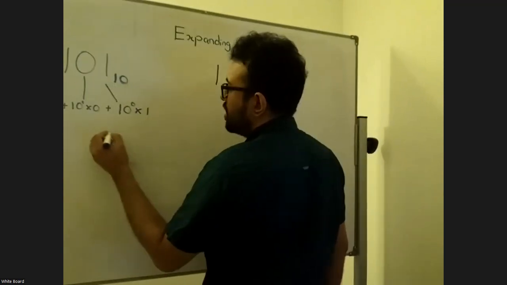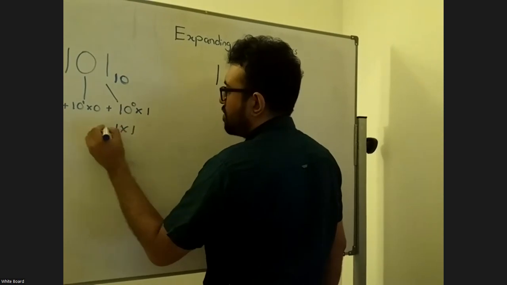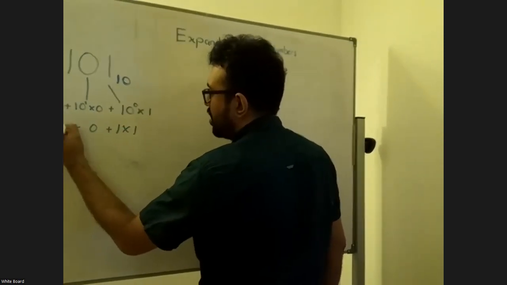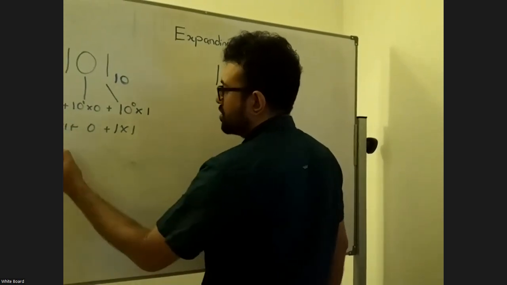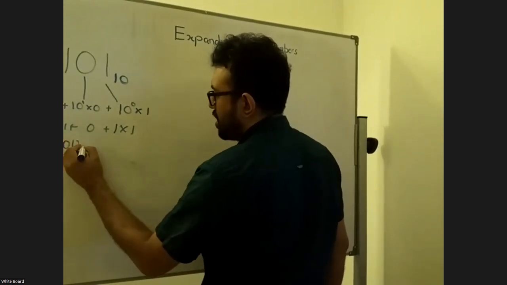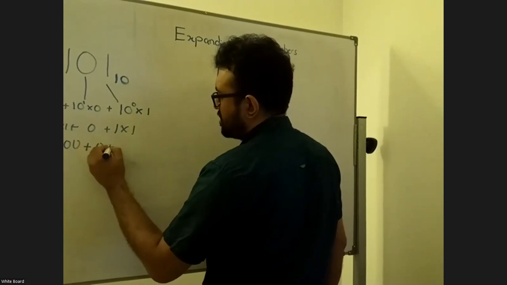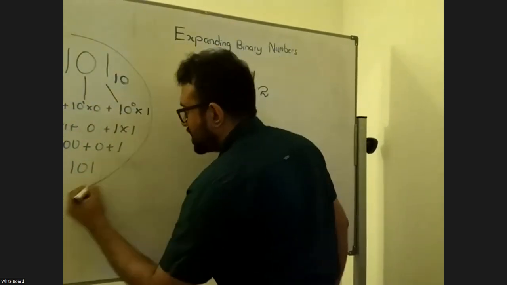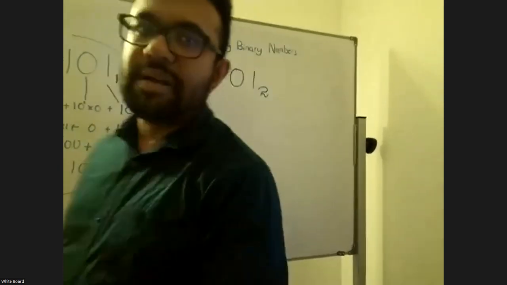So it's going to be 1 into 1 plus 0 plus 100 into 1. So altogether it's going to be 100 plus 0 plus 1, it is going to be 101. That is, if this is a decimal number.